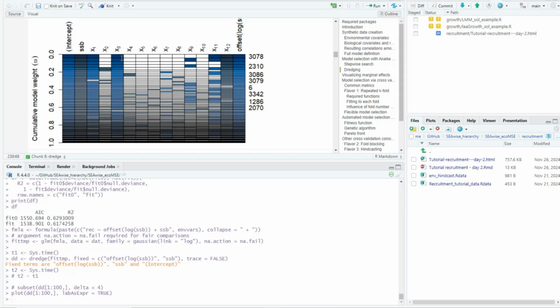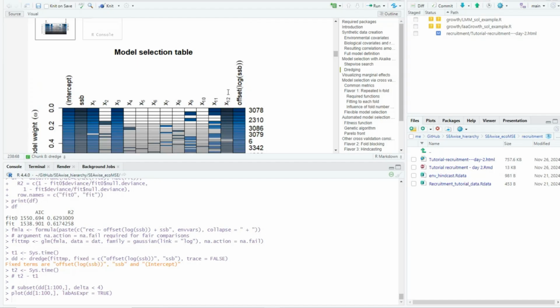Those are both true covariates that we wanted, but it also includes 11 and 12. And in fact, several of the leading models have this X12 inside of it, even though they have 1 and 3, it's picking up this other covariate there that shouldn't be in the model. It's just noise.